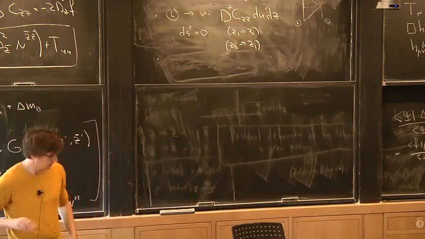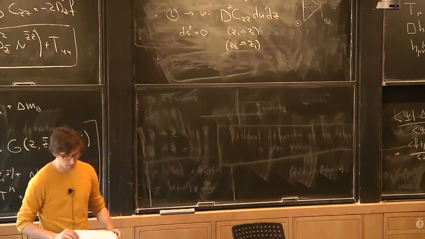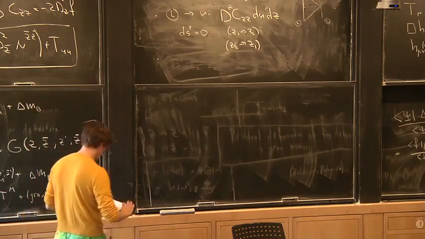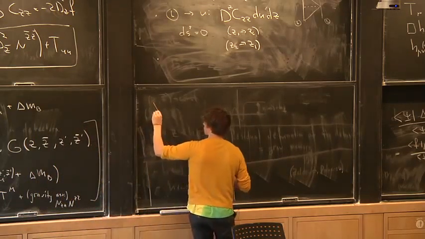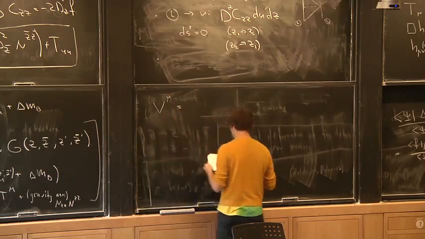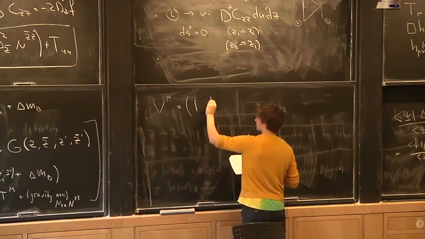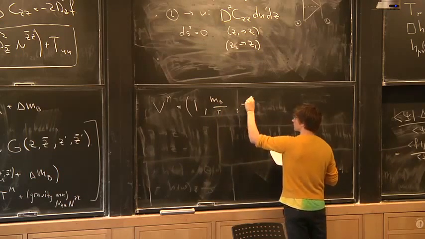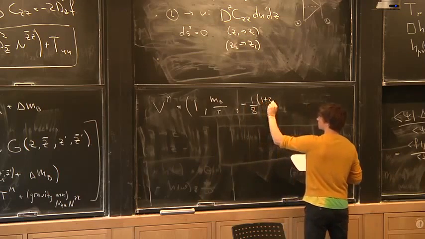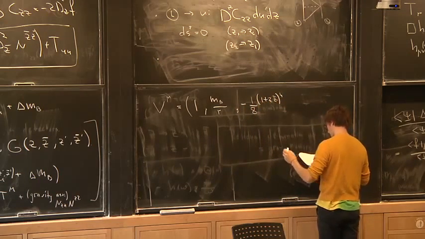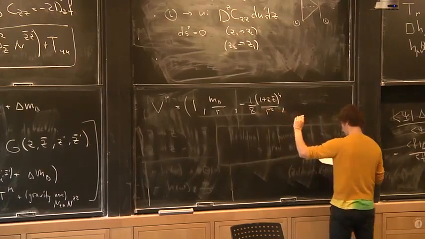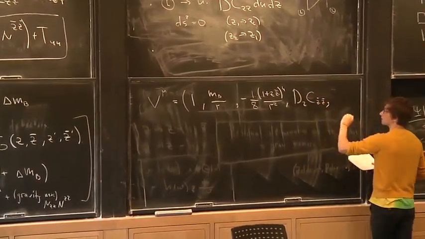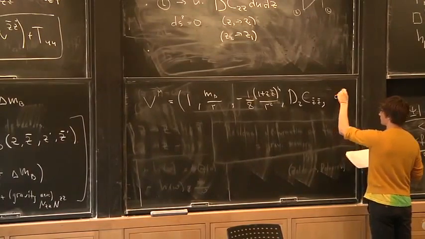For these, it's a nice exercise to find geodesics in this Bondi gauge. Well, the answer is that the velocity takes this form. And here you have, and here is the complex conjugate of this.